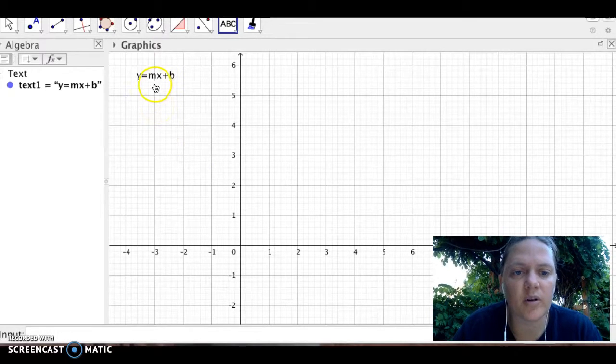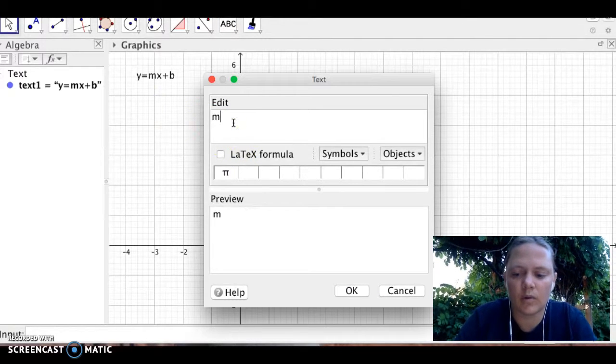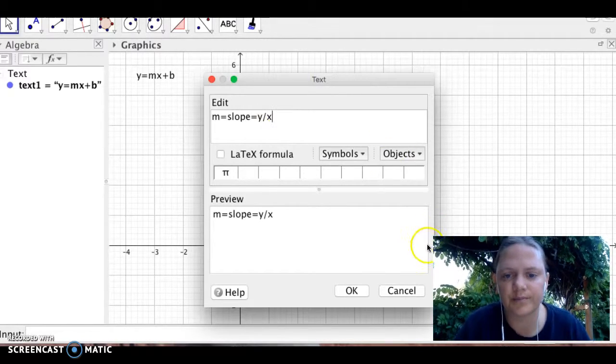So if you remember, our equation for a line is y equals mx plus b. Our m is our slope, which also equals y divided by x.